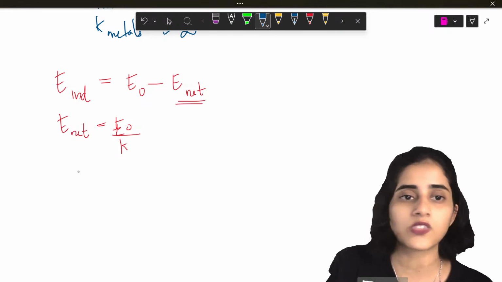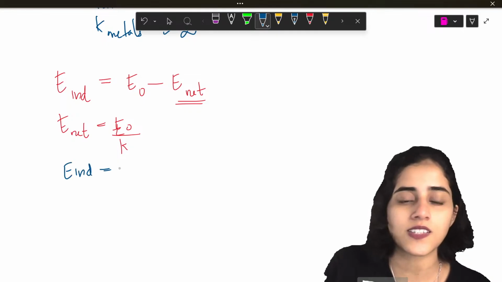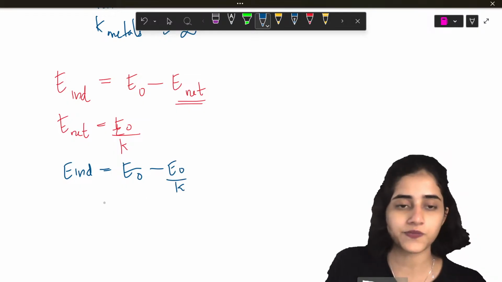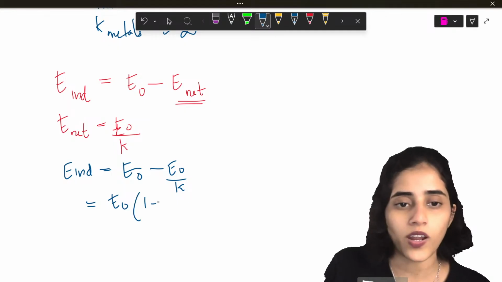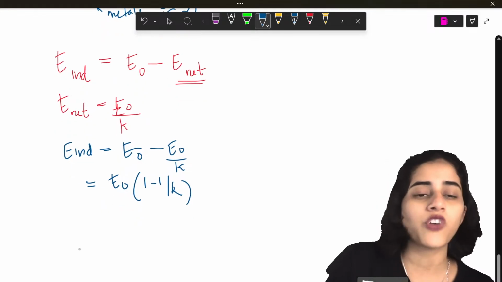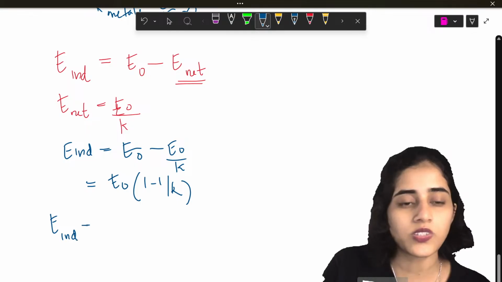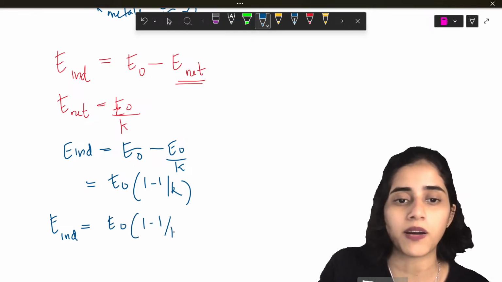My next formula will be E induced is equal to E naught minus E naught by K. I'll take E naught outside: 1 minus 1 by K. So now I have a formula to find out my induced field. E induced will be E naught into 1 minus 1 by K.